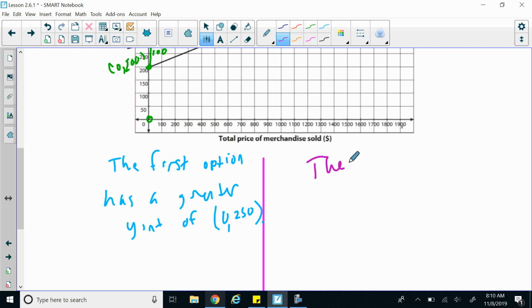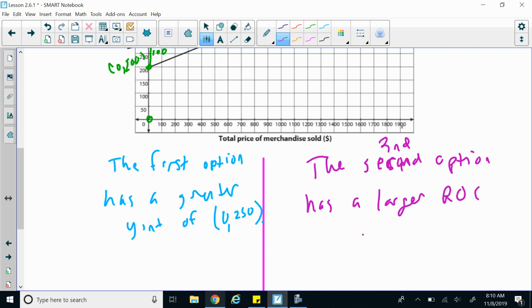But the second option has a larger ROC of 0.20 over 1, which in theory means, all right, if you're like, well, what does that mean?